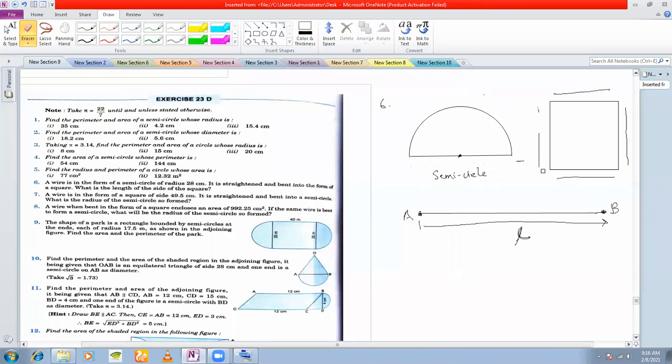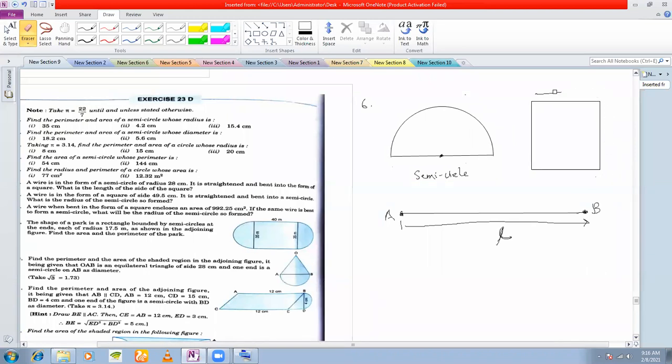Okay, so let's write it down so that we remember this. Length of the wire must be equal to perimeter of the semicircle, must be equal to perimeter of the square.